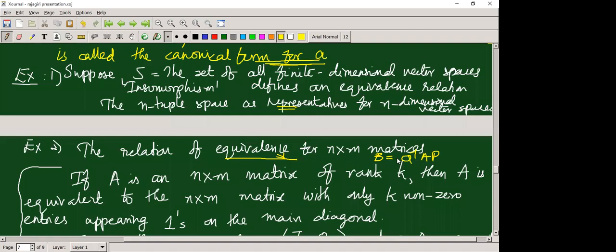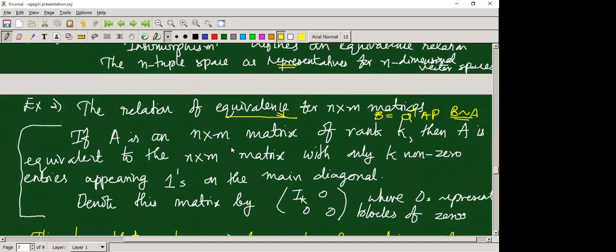Then we say that B is equivalent to A, or A is equivalent to B. So this is the relation of equivalence for matrices. What is the canonical representation? We already know that if A is an n by m matrix of rank K, then A is equivalent to the n by m matrix with only K non-zero entries appearing once on the main diagonal.